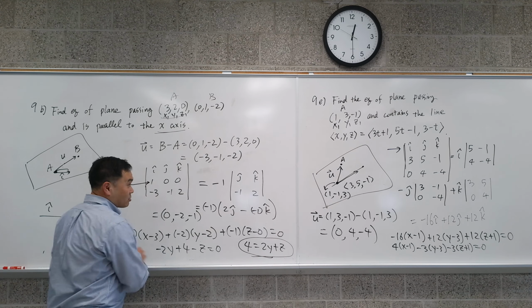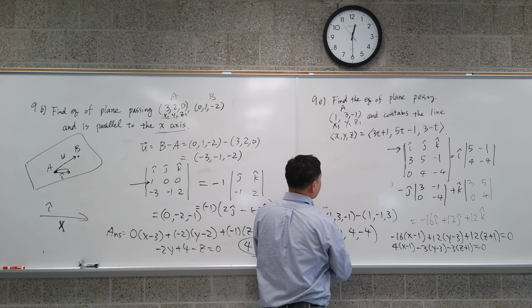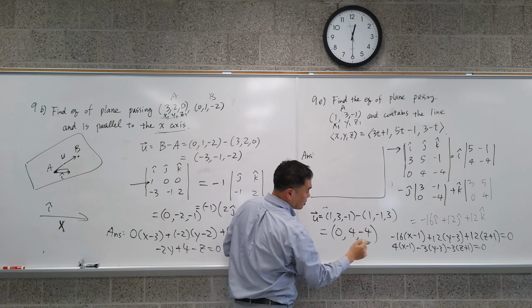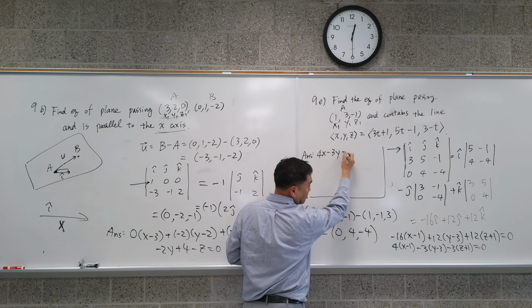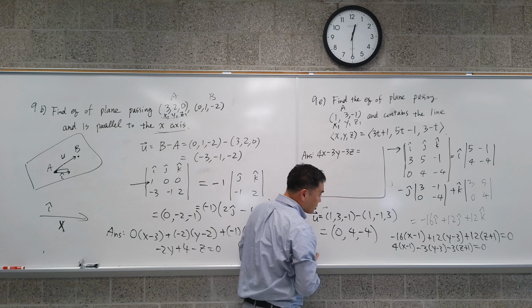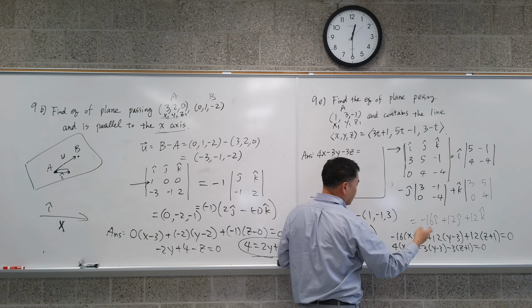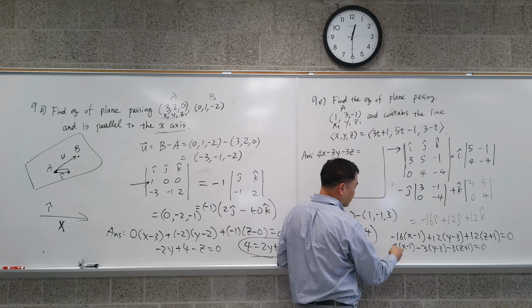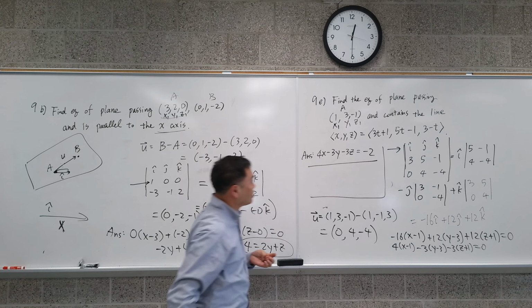And because I ran out of space, let me just erase this and put the answer here. The answer would be 4x minus 3y minus 3z equals, let's see, 4 plus 9 minus 3, 6 plus 9 minus 6 minus 4, 2. Oh, it's going to be -2. I think that's the answer.